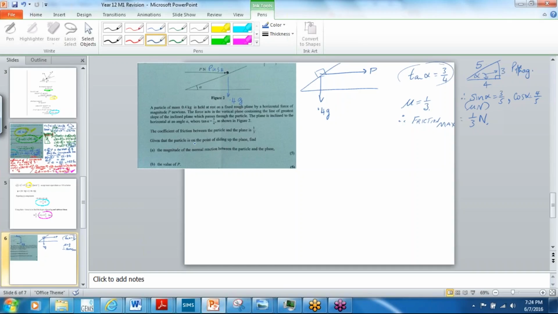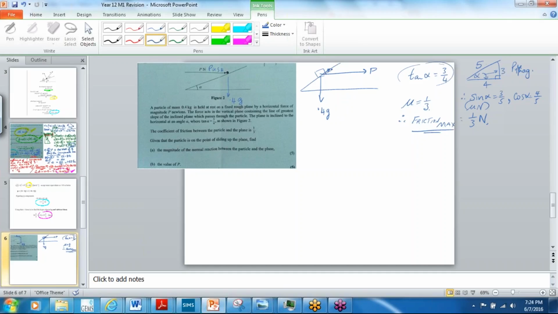Given that the particle is on the point of sliding up the plane. This is very important because if it's on the point of sliding up the plane, it's just about ready to move. If it's on the verge of moving, that is as good as moving. Therefore, the friction has reached a maximum in the opposite direction.